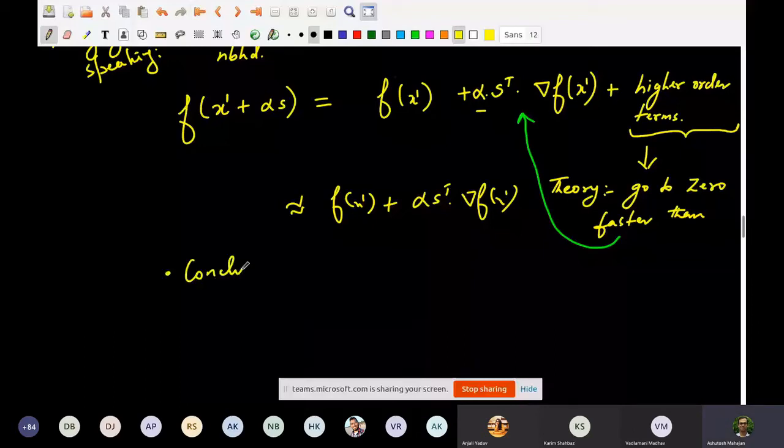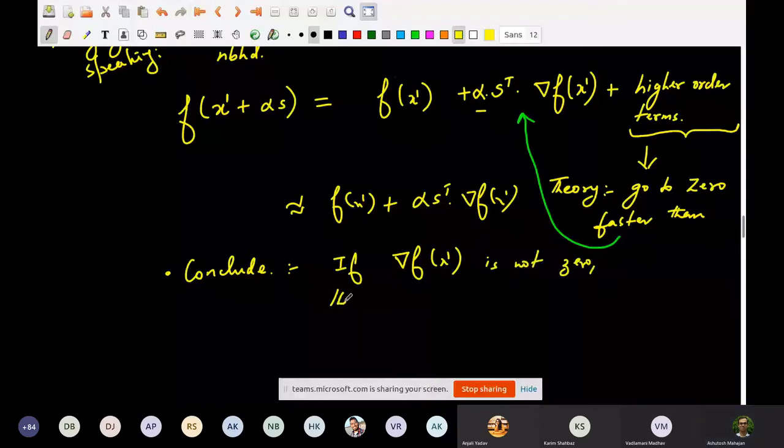if the gradient of f, so this is a vector, I can't say that the gradient of f is positive or negative because it has n terms in it. So suppose I say that grad f is non-zero, then the function has to change in the neighborhood.